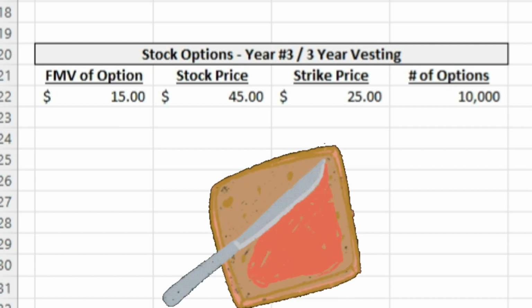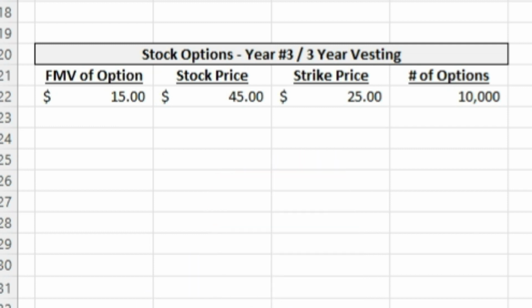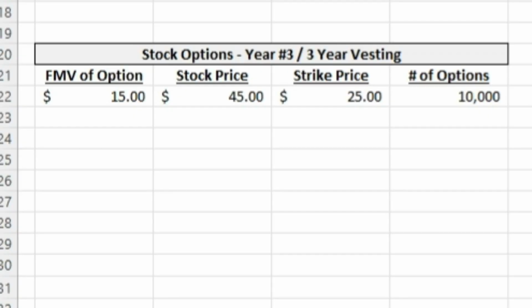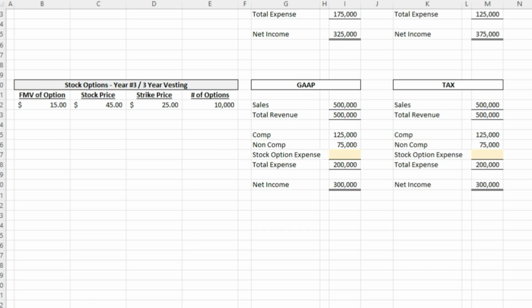So there is a gain or a built-in gain on these options right now. And we're assuming the person that received these stock options has exercised all 10,000 of those options. So let's see what happens from a GAAP and tax standpoint in year 3 based upon somebody exercising these 10,000 stock options in this scenario.